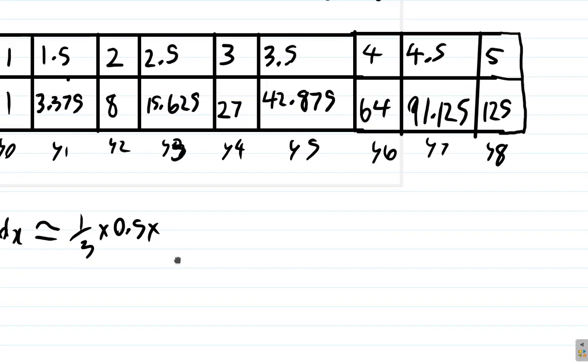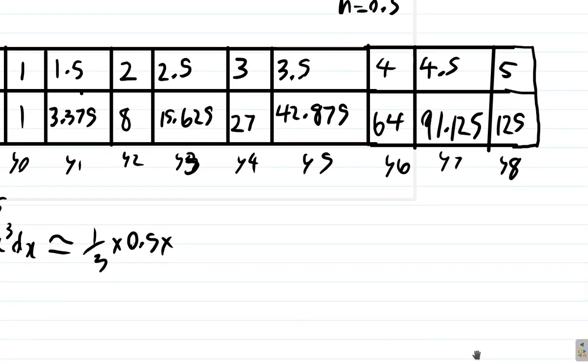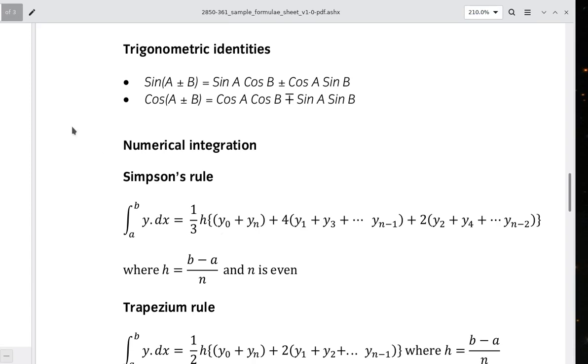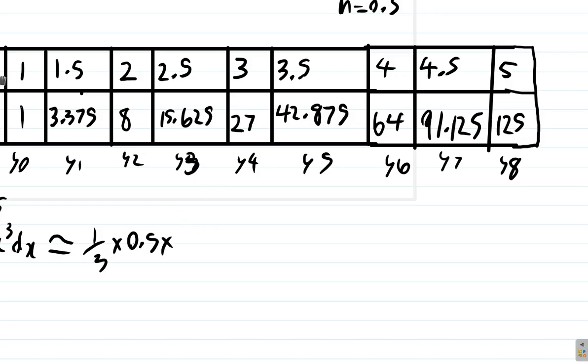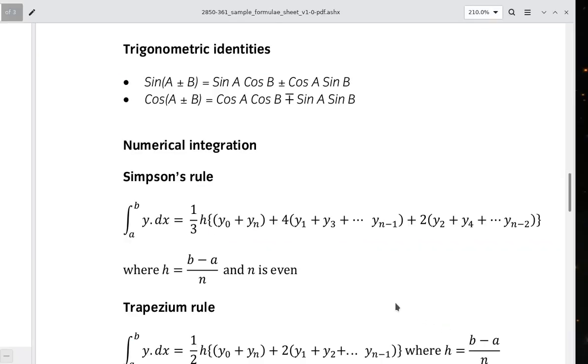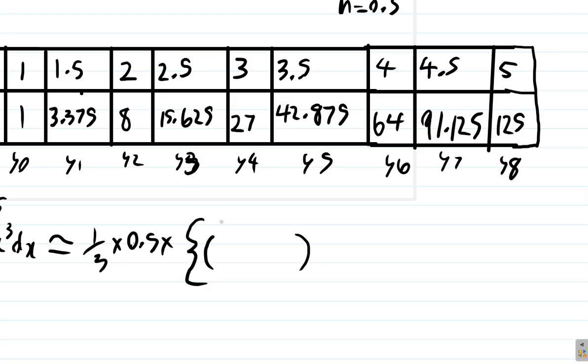So 1/3 times 0.5 times what we have, they use a curly bracket, so let's use that. Inside this curly bracket we have Y0 plus Yn, which is the first Y plus the last Y, Y8, which is 125.